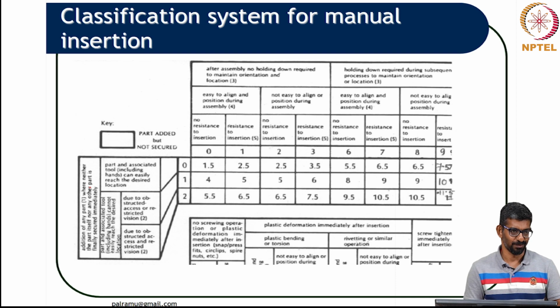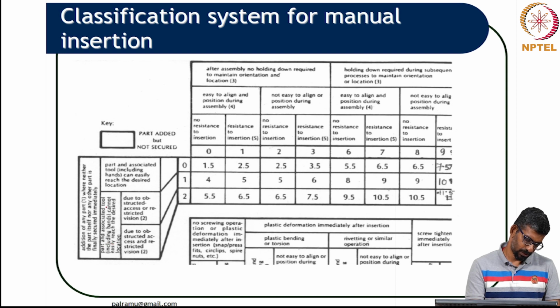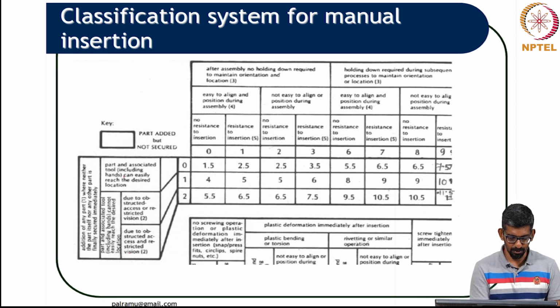So it is not secured and will automatically fall into this part. Part and the associated tool cannot easily reach the desired location? That is not true in our case. We can easily reach that, so the part and tool can easily reach the desired location, hence it is 0.